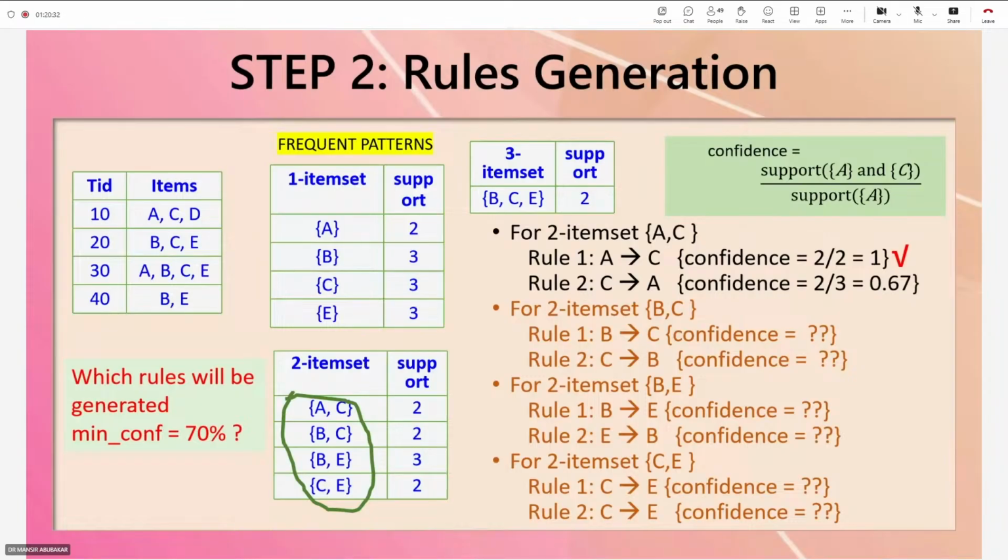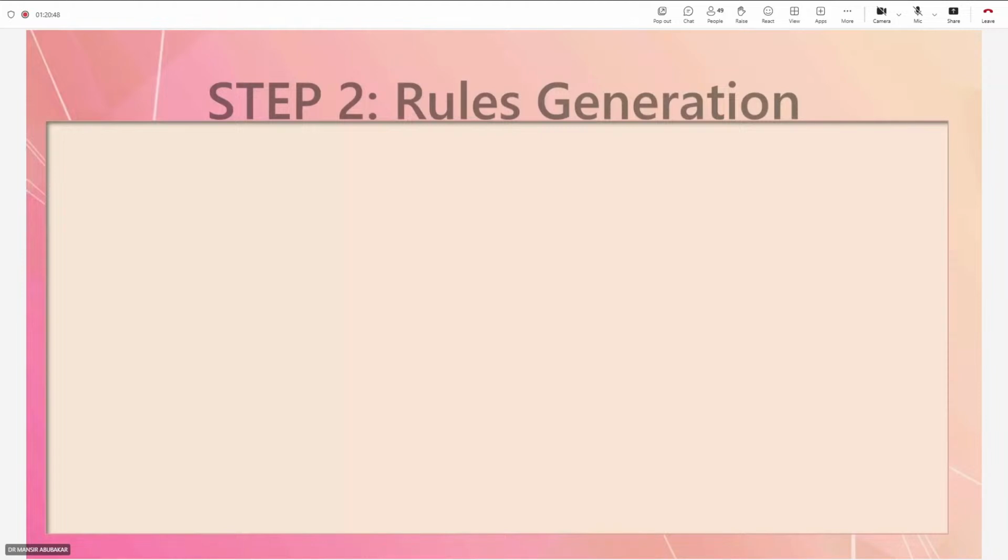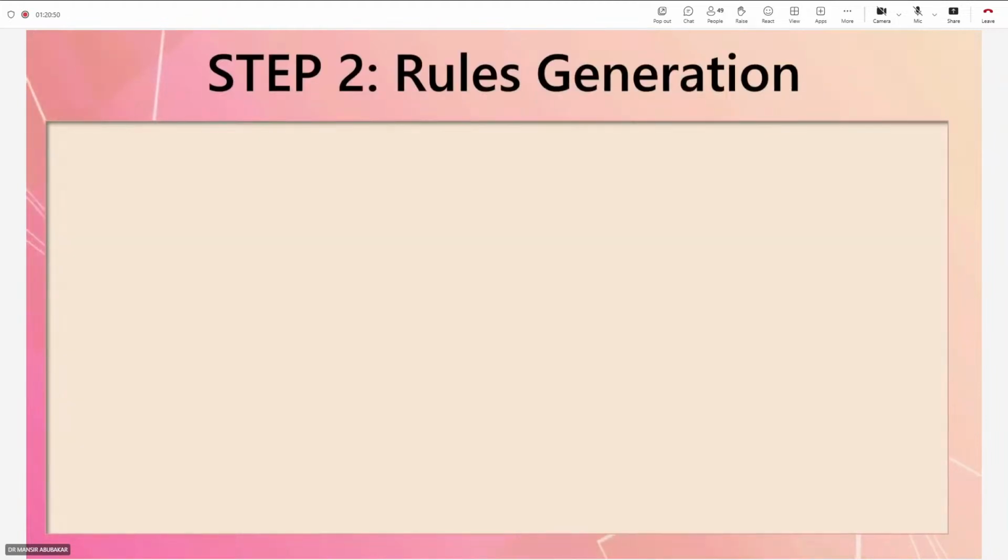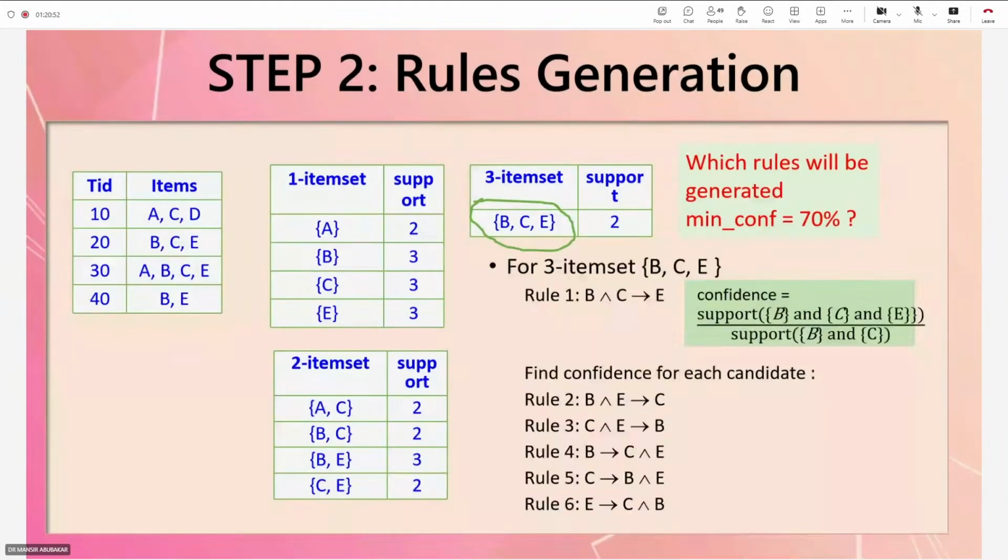Then for item sets B and E, and for C and E, also find out the confidence. If any rule does not satisfy the minimum confidence, then it has to be pruned and removed from the rules. For 3 item sets, it is all the same.